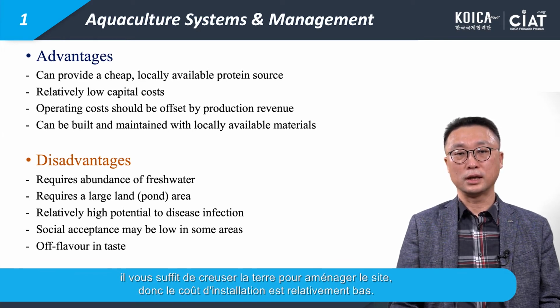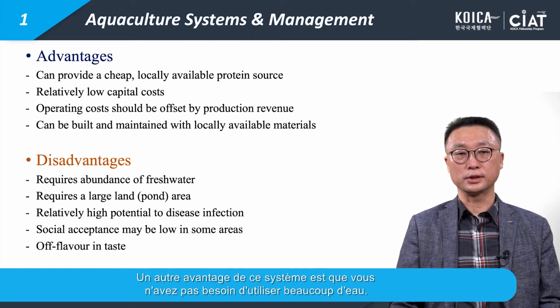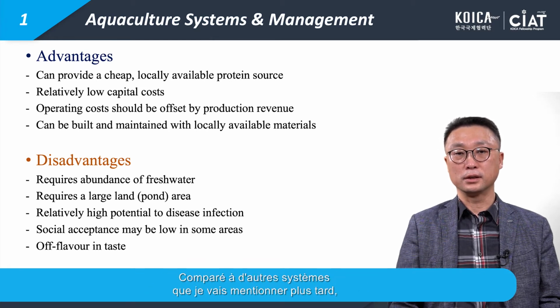So you can build the pond relatively cheaply, and you can also use materials locally available. This type of system also has the advantage that you don't have to use a lot of water for operating.